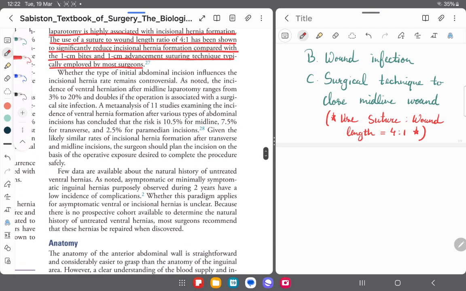Whether the type of initial abdominal incision influences the incisional hernia rate remains controversial. So we do not know if a certain incision increases the hernia rate.